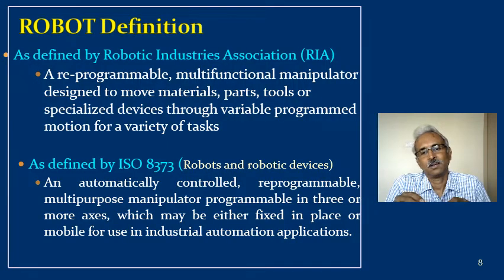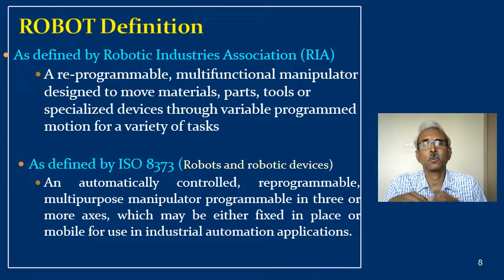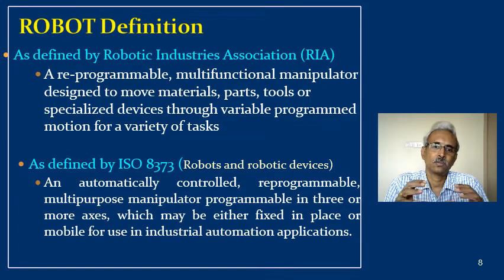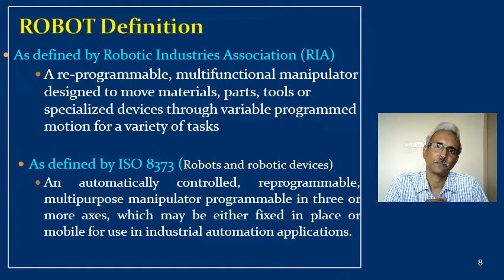Of course, it's very specific because in practical life there are so many devices. People say robotically controlled, robotic, all those things. So this is very specific to industrial automation applications. So this is very important to find out whether your device fits into this category.